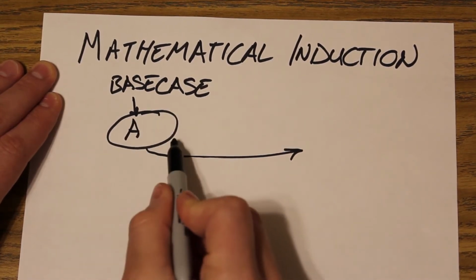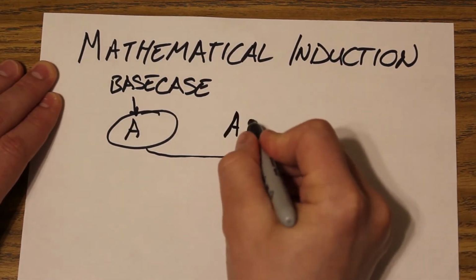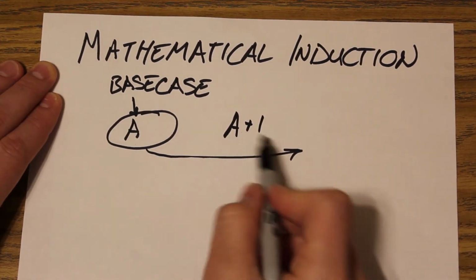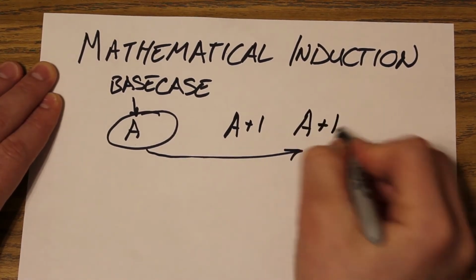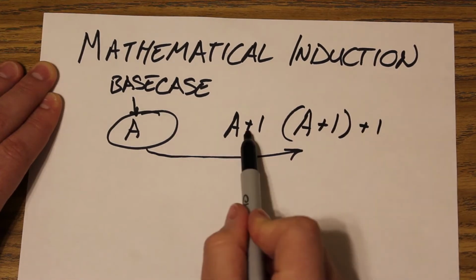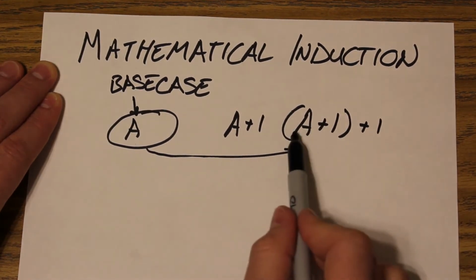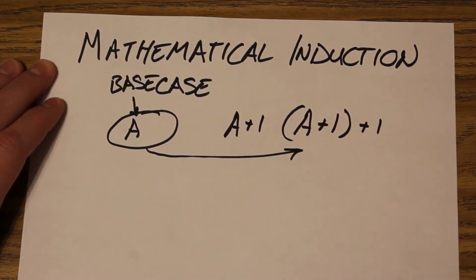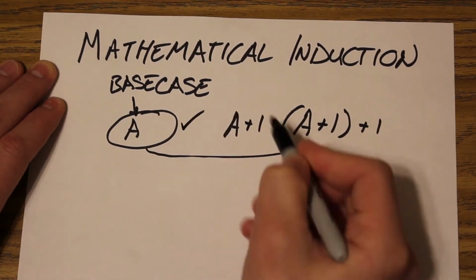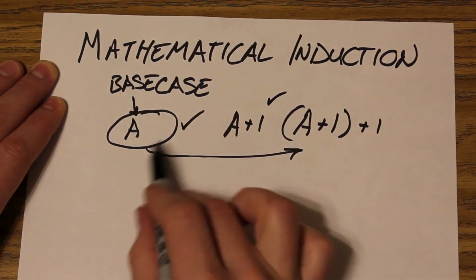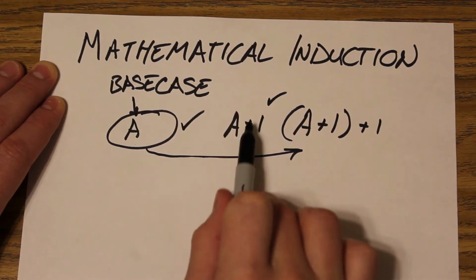So let's say we have A, and I prove that that is true. Then I'm going to try to generalize that A plus 1 is true. And then I want to take A plus 1 and then plus another 1 and show that that is true. So I need to prove it for A, and then A plus 1, and then A plus 2, and I want to continue that on.